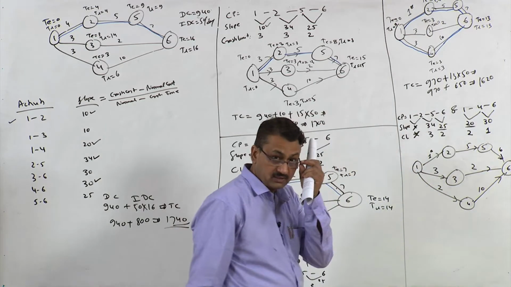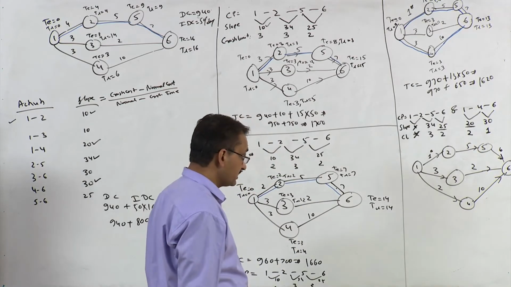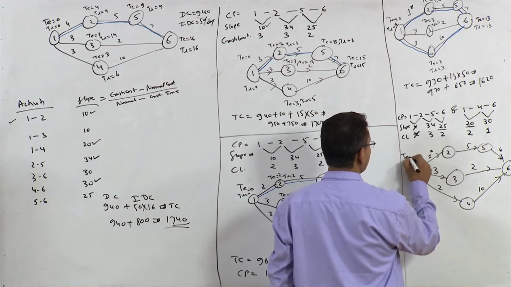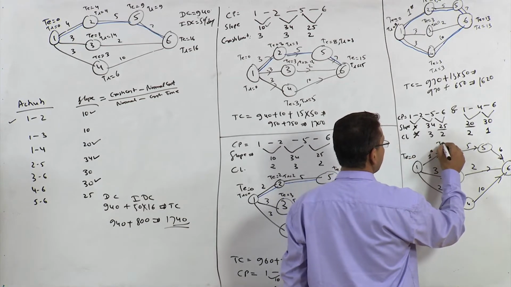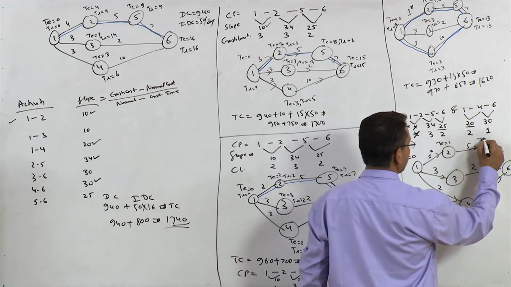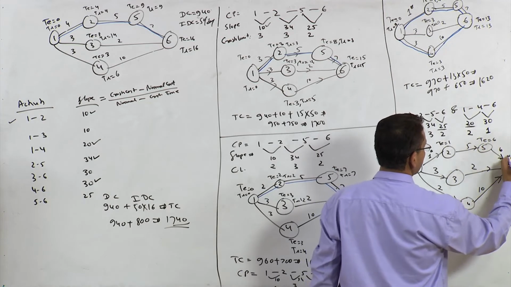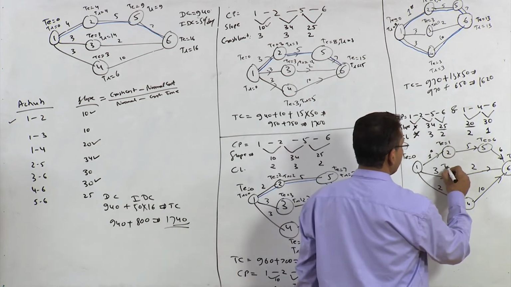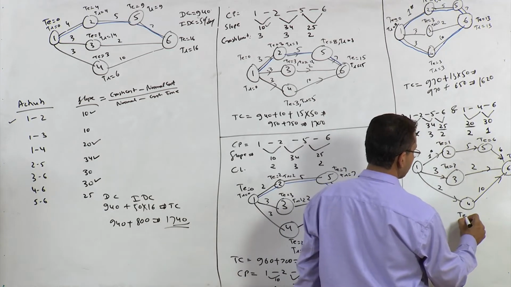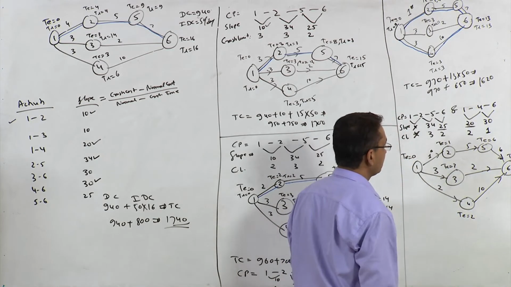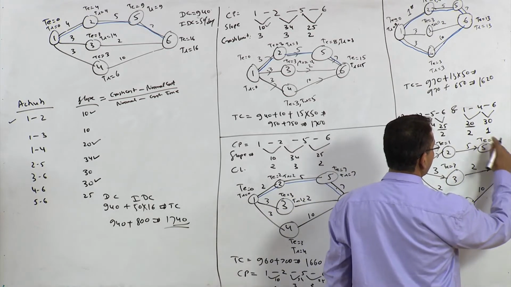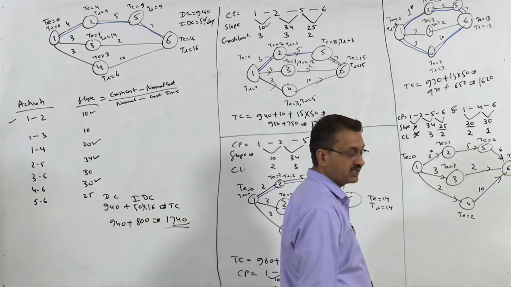Let us find out what is the total duration. So TE is 0, TE is 1, TE is 6, and we will calculate the rest later, right? So TE here is 3, TE is 2, right? So from this side it is 12, from this side it is also 12, right?